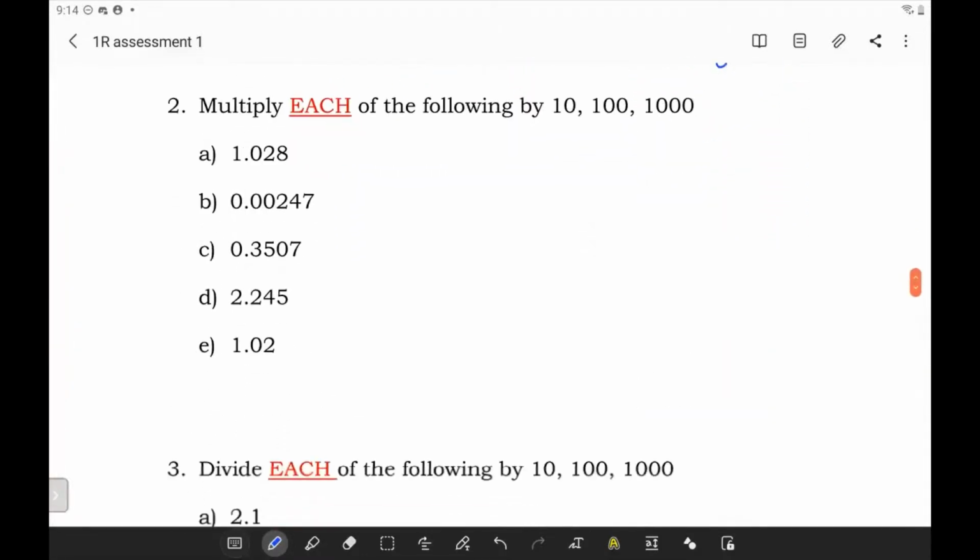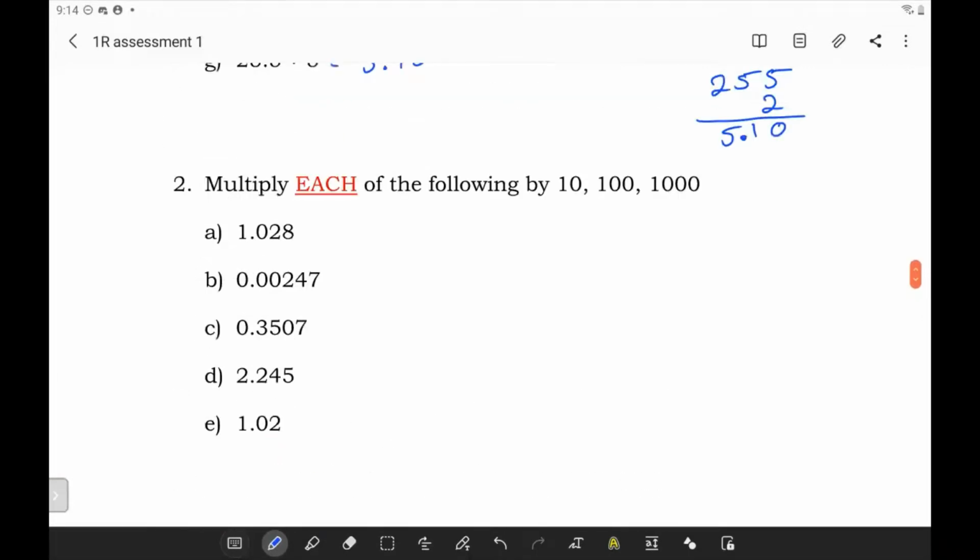So they want to multiply each of the following by 10, 100, and 1,000. So this is what we would do. Remember to multiply by 10. Right, let's do the first one. I'll leave the rest. So the first part is to move the decimal one place. So this will be 10.28.